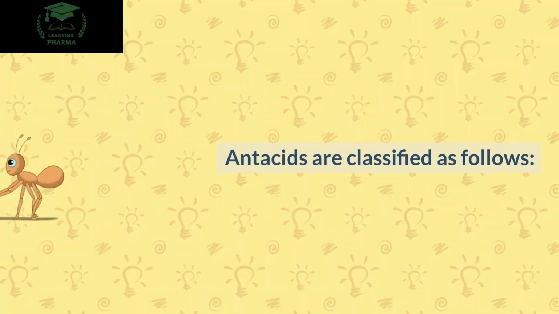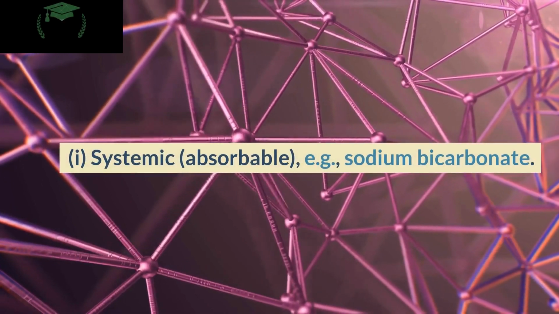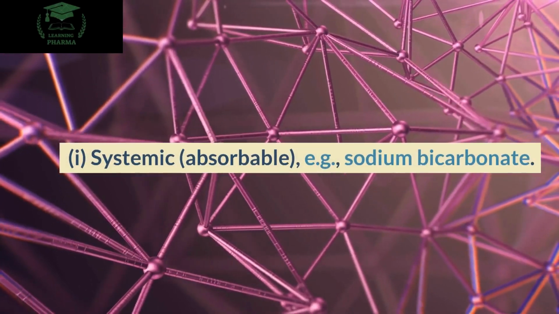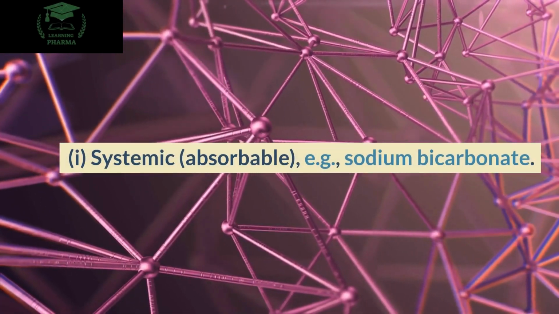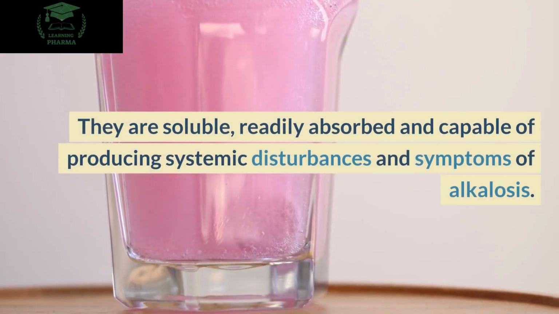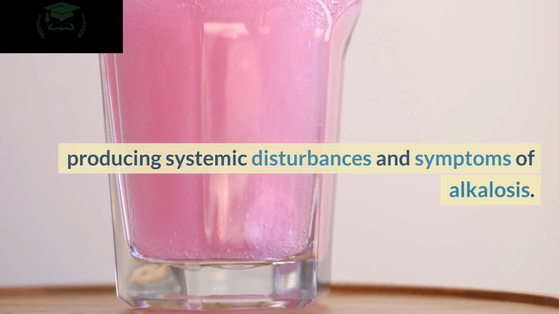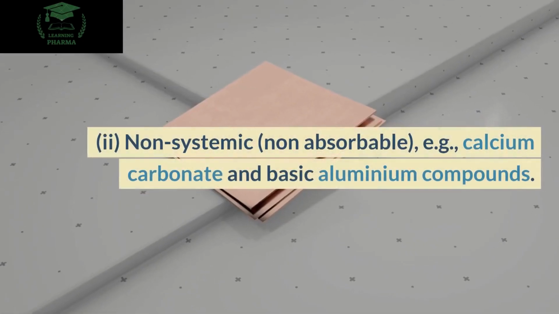Antacids are classified as follows. 1. Systemic, absorbable, for example, sodium bicarbonate. They are soluble, readily absorbed and capable of producing systemic disturbances and symptoms of alkalosis. 2.